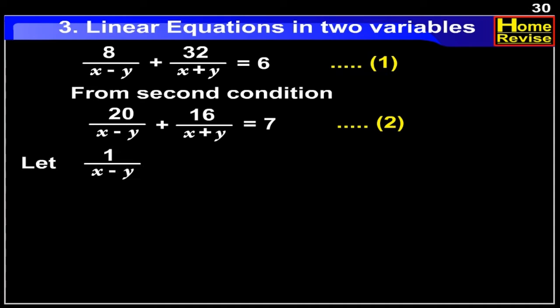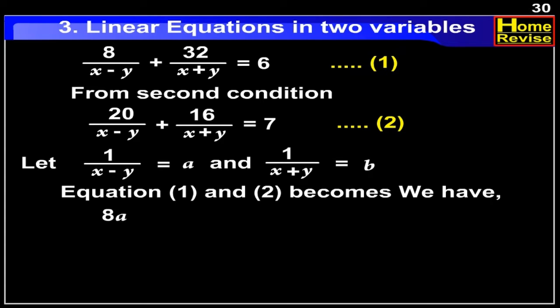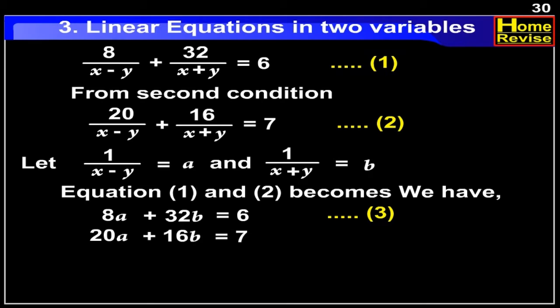Now, considering 1 upon x minus y is equal to a and 1 upon x plus y is equal to b, we have 8a plus 32b is equal to 6. Equation number 3. And 20a plus 16b is equal to 7.